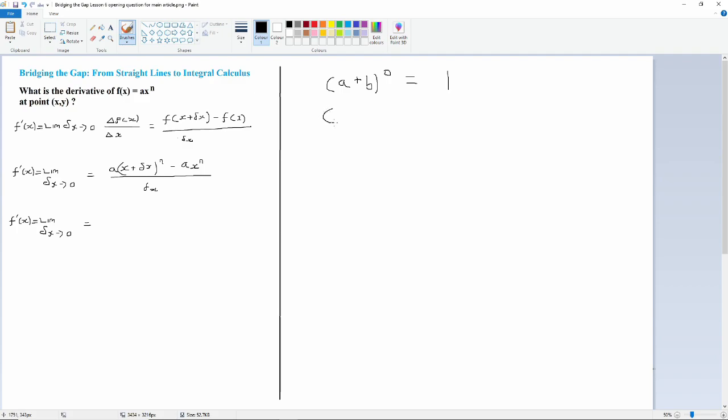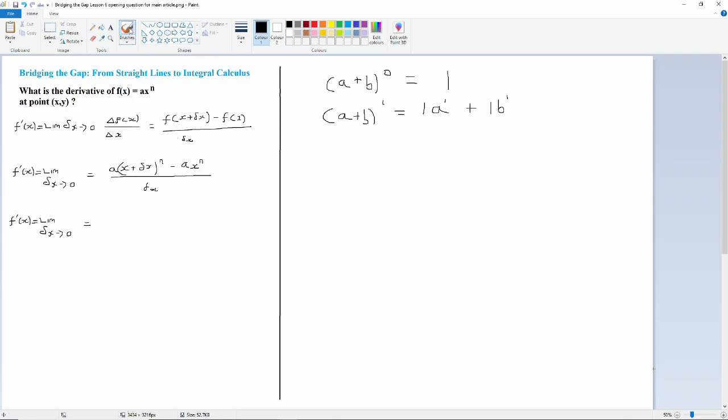And we know that a plus b raised to the power 1 is just a plus b. But we can also write a plus b as 1 times a to the power 1 plus 1 times b to the power 1, and you'll see why in a minute.